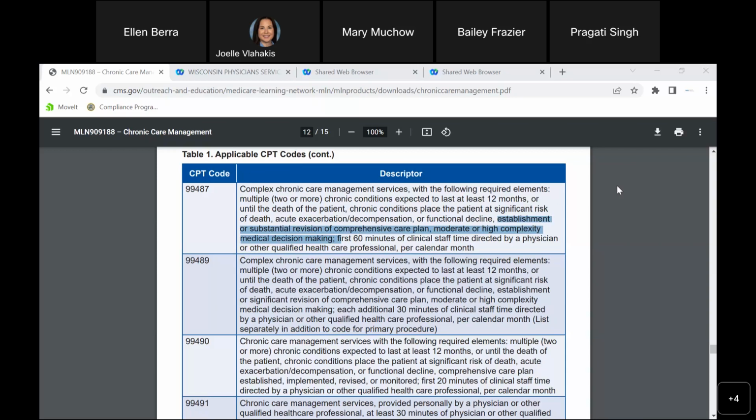However, residents who are providing part of these chronic care management services, their time can count toward clinical staff time. So if a resident has an encounter with the patient, they talk to the patient on the phone for 5 minutes, that 5 minutes can count as your clinical staff time. If your resident spends 15 minutes reviewing the lab results and test results from a previous month, that 15 minutes can count as clinical staff time.